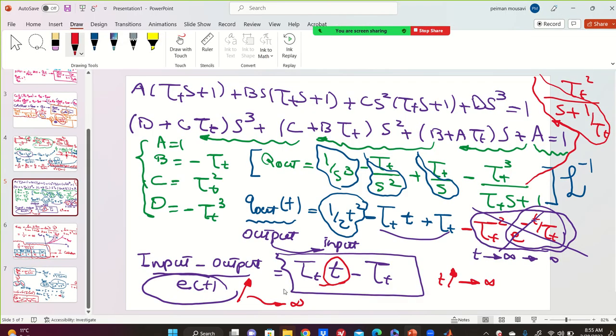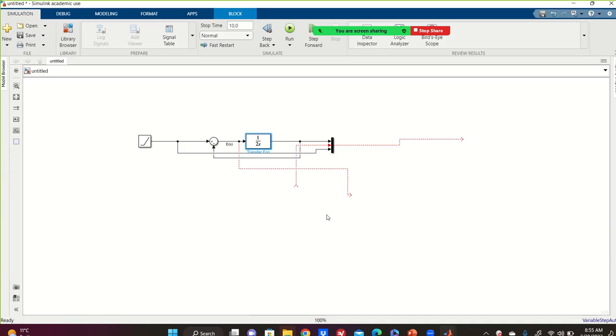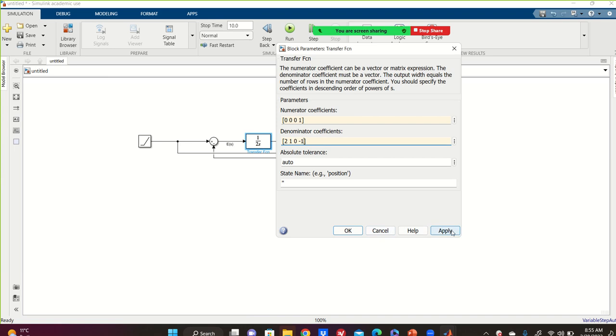See, the open loop transfer function here is this, minus 1. So having that, let's get this. Okay. Likewise here, and apply.